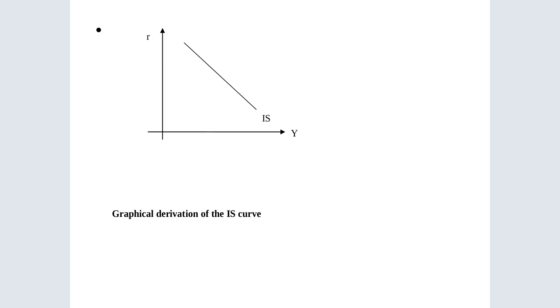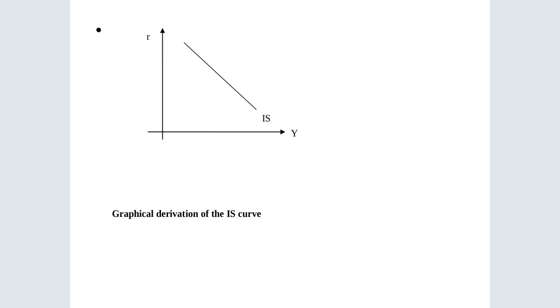Now the investment savings function simply shows the relationship between the interest rate and income. That's what the IS shows. The relationship between the interest rate and income.